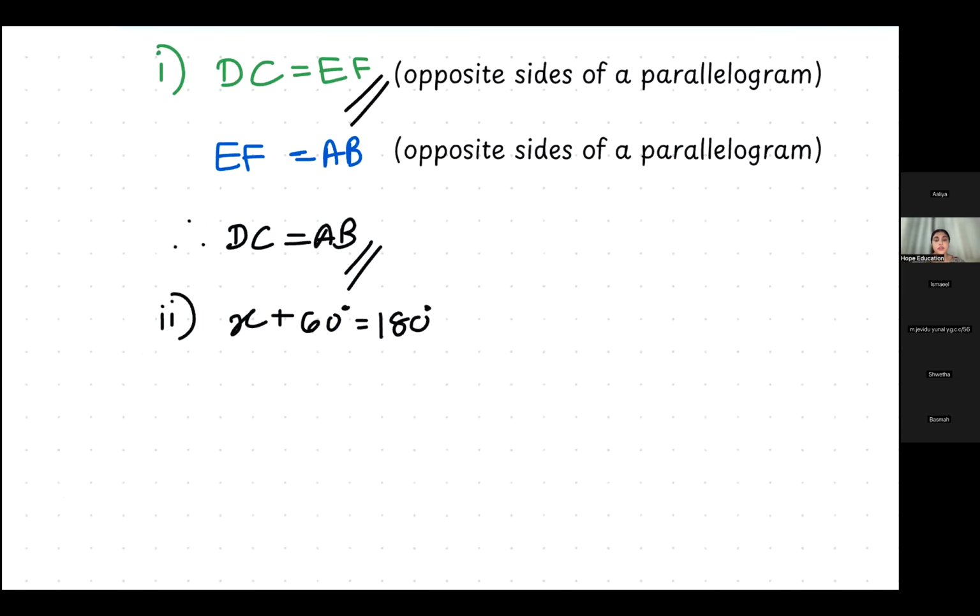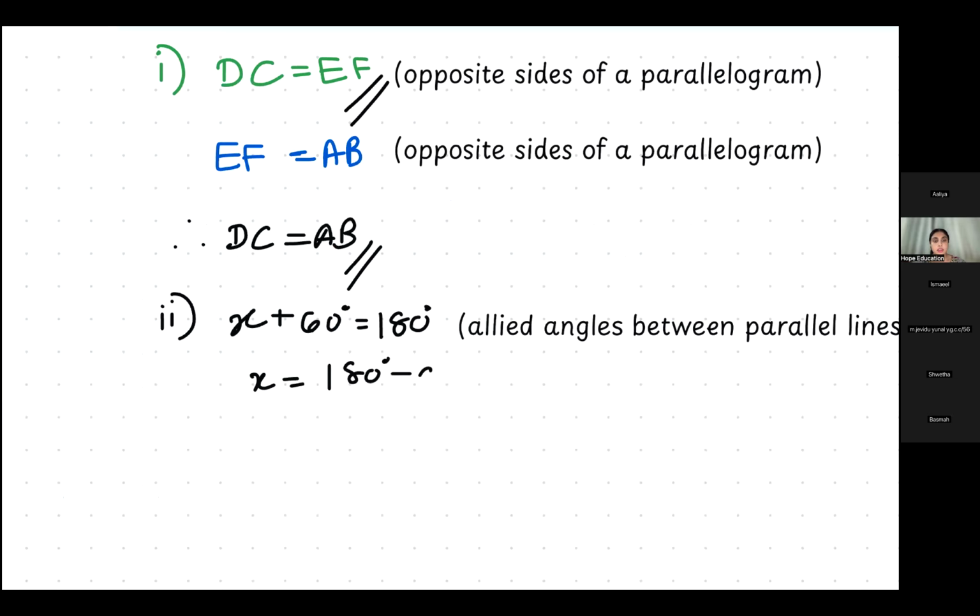That means we write allied angles between parallel lines. That's our reason. Therefore, X equals 180 minus 60, which means X equals 120.